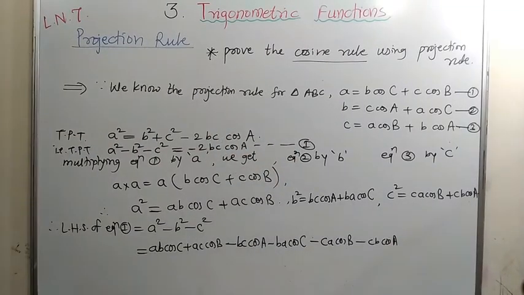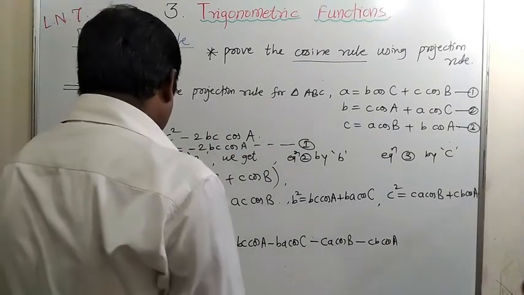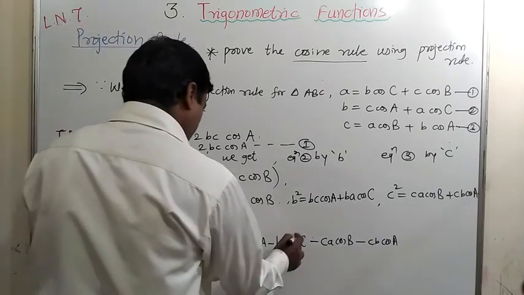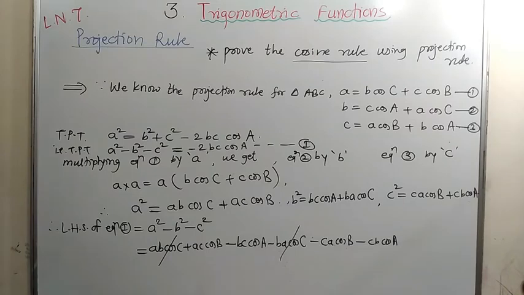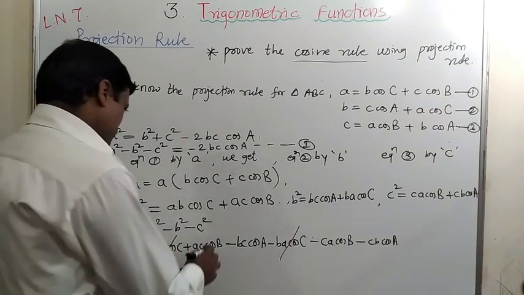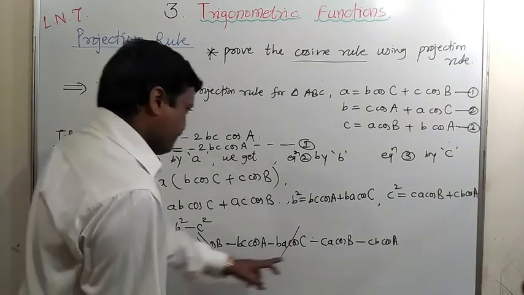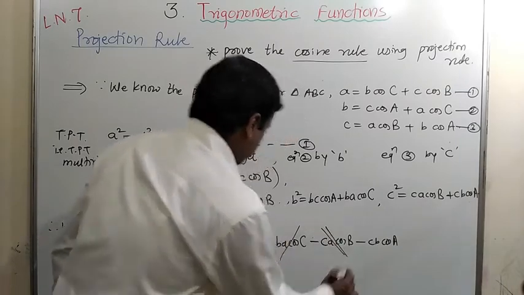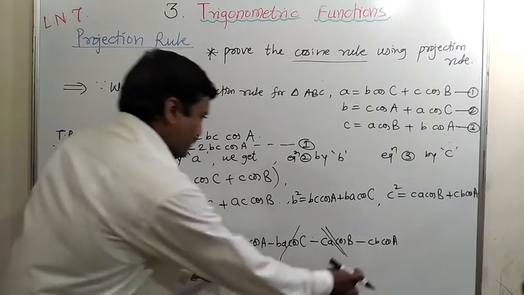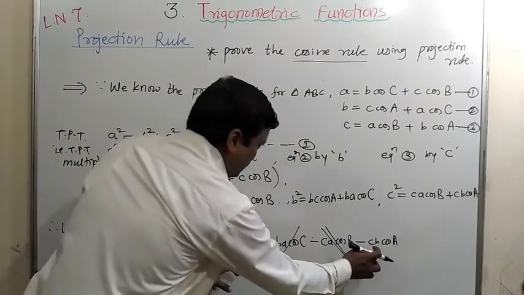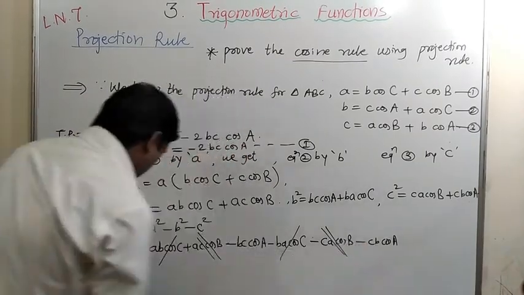Just separate those, which will get cancelled. Here ab cos C and ab cos C get cancelled. Then ac cos B and this ca cos B, one is positive, second one is negative, so both get cancelled. Remains these two. Here bc cos A, this is also bc cos A, both with negative signs.